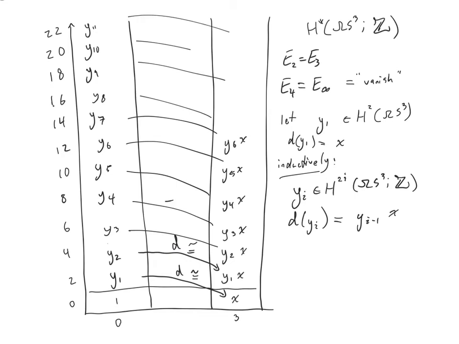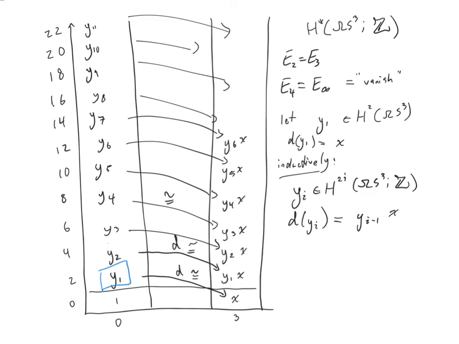And since all of these maps are isomorphisms, and they all go down right like this, you want to sort out what is the relationship between y1, y2, y3, etc. In particular, the claim is that each of these should have something to do with y1. And it turns out the correct structure is that this is an exterior algebra, or sorry, a divided power algebra on this single generator, y1.